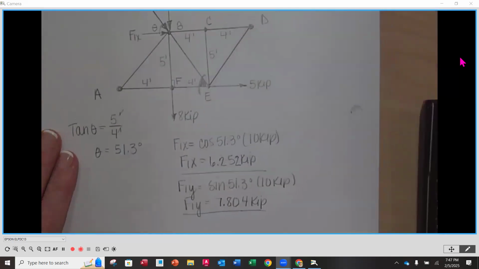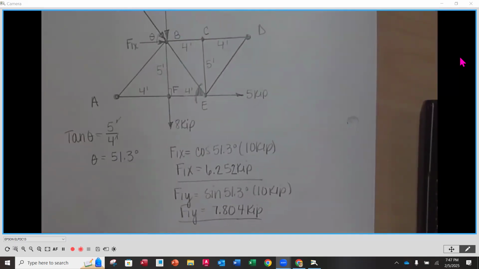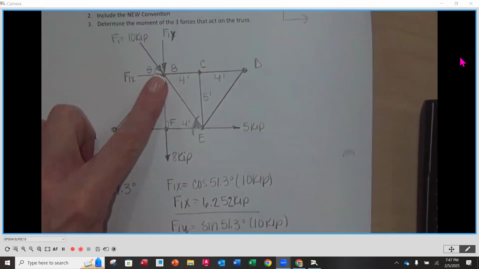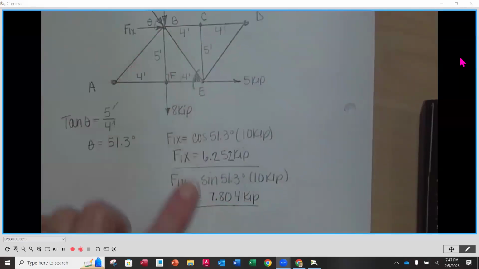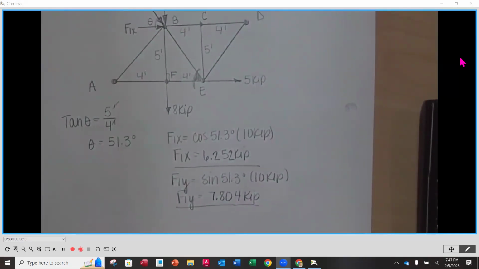So again, notice that I'm not putting a negative on F1Y. I have it identified with the direction up here, even though it's going down. I just have the absolute value, if you would, for the magnitude of F1Y. So 7.8, I got 7.804 and 6.252.